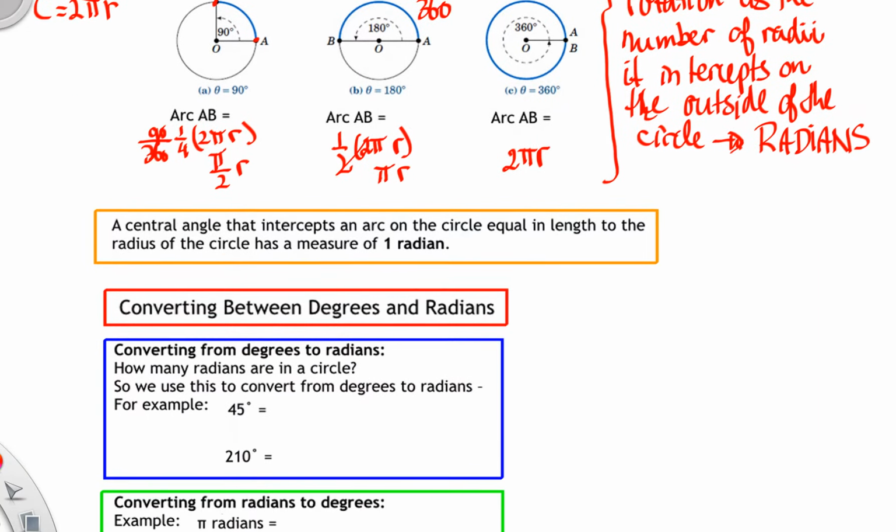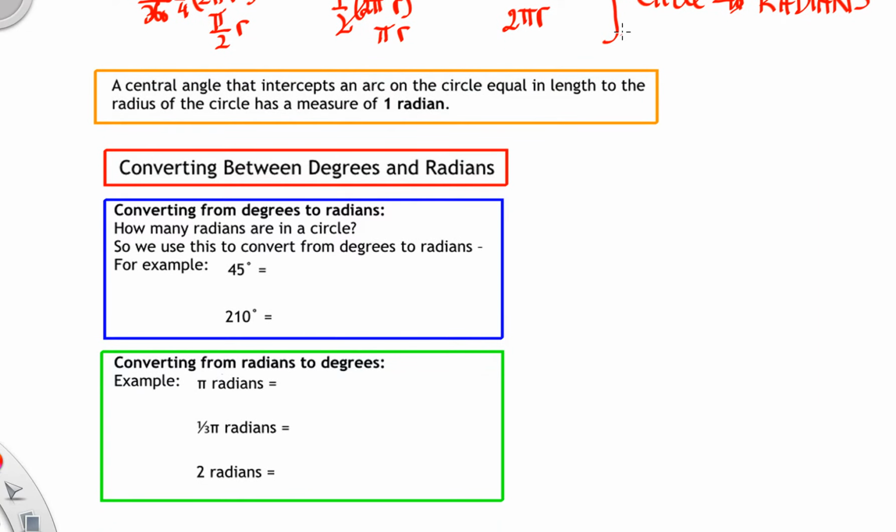So what does that look like? Let's draw a circle. There's a circle, and the radius would be from the center.